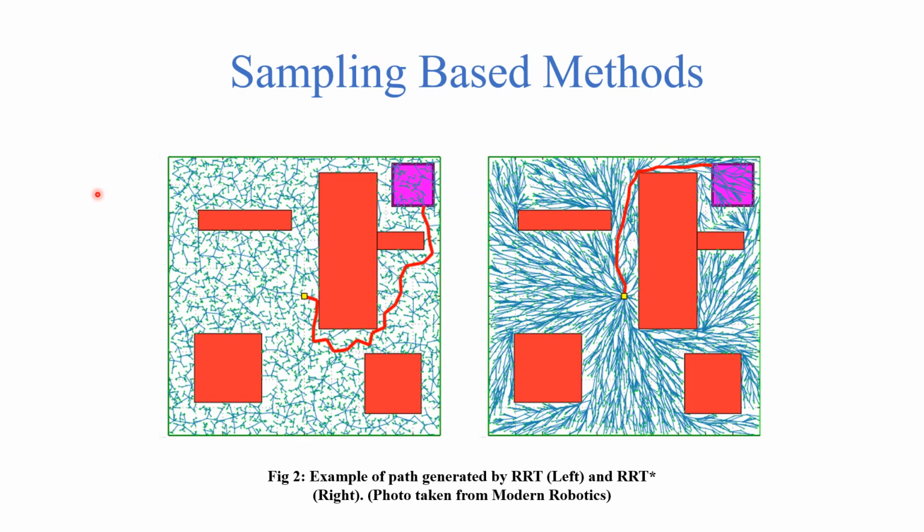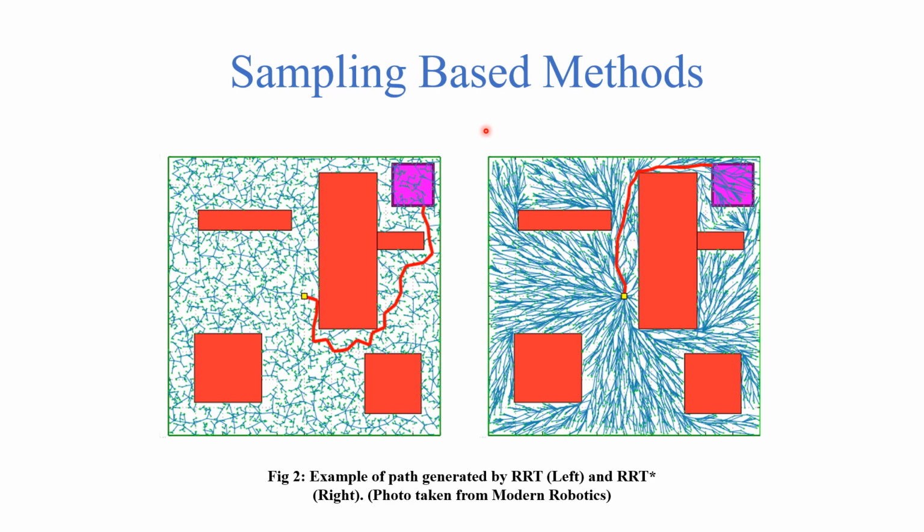Now, in an earlier video, we discussed the RRT and the RRT star algorithms. We mentioned that the RRT star algorithm does a modification on the RRT, trying to obtain optimal paths. Actually, it can be proven that the RRT star is asymptotically optimal.